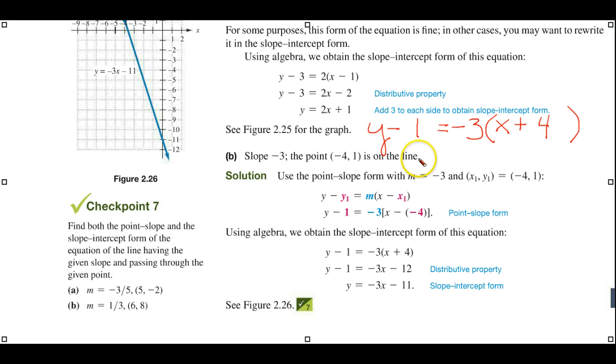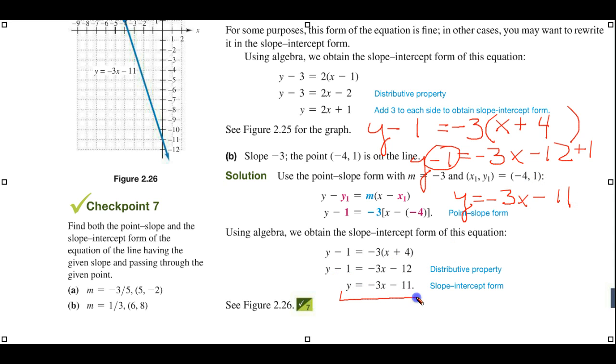And again, we solve. Y minus 1 equals a negative 3x and a negative 12. Transpose that to this side, becomes a positive 1, and we end up with y equals a negative 3x minus 11, which is what they have.